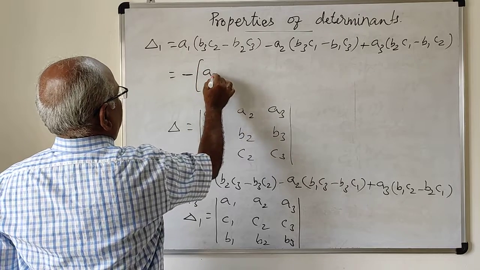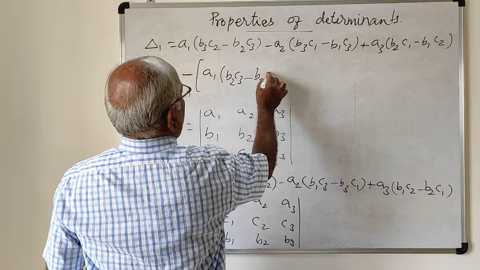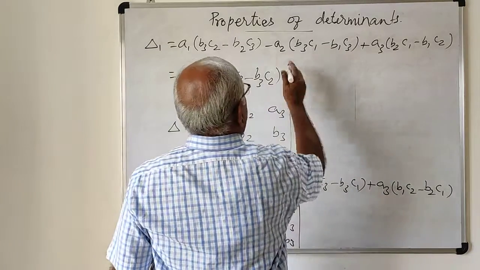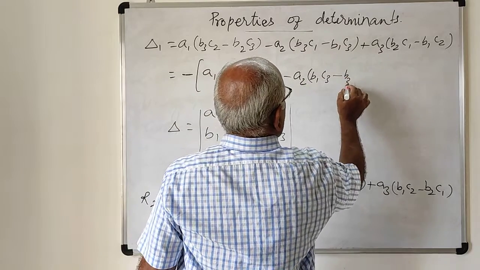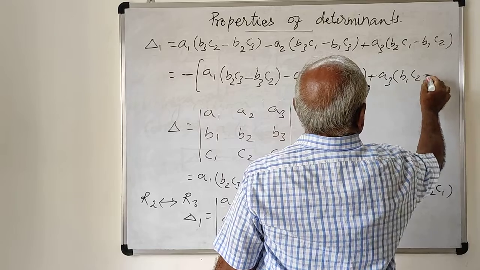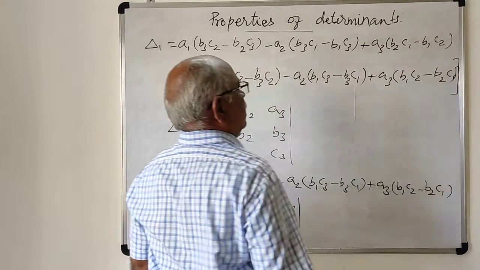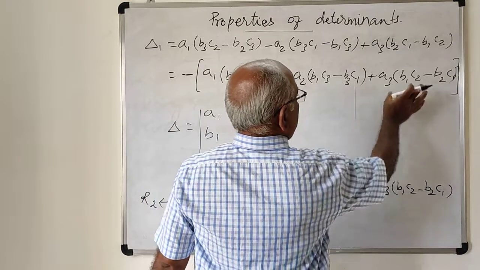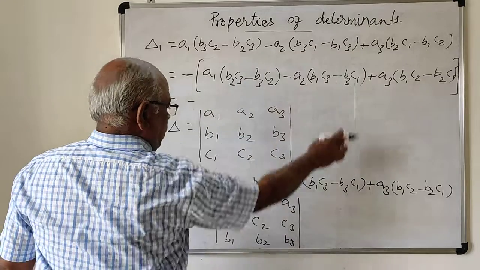Taking the minus outside, A1 into B2 C3 minus B3 C2, minus A2 into B1 C3 minus B3 C1, plus A3 into B1 C2 minus B2 C1. See, the quantity in the bracket is the original expansion, so delta 1 is equal to minus of the value delta.